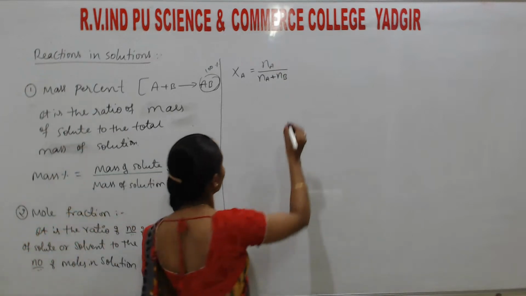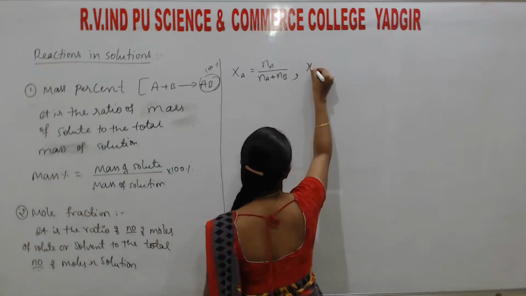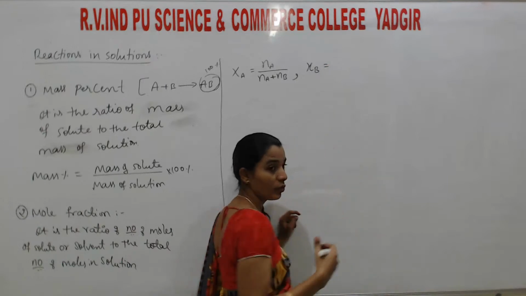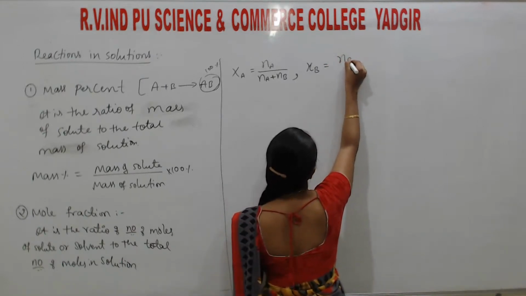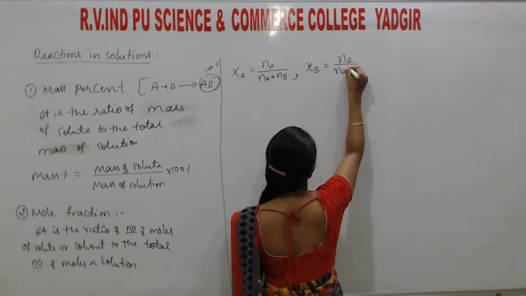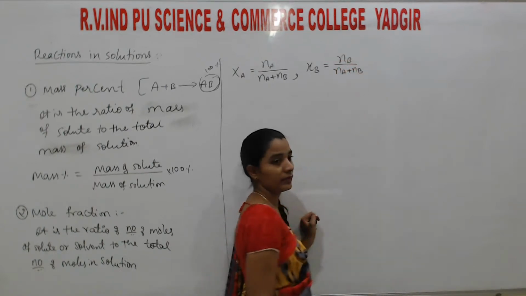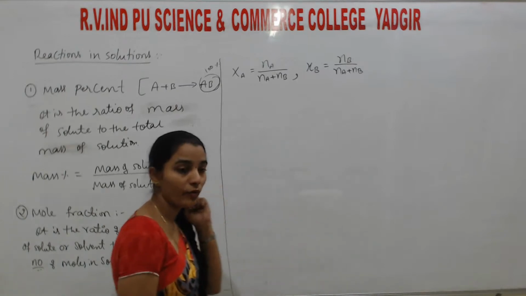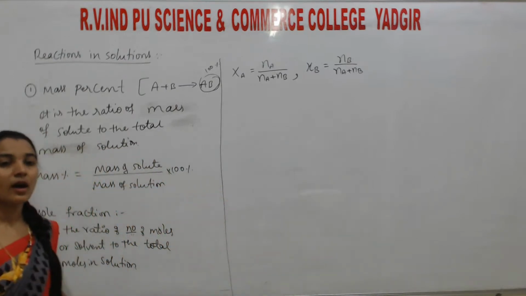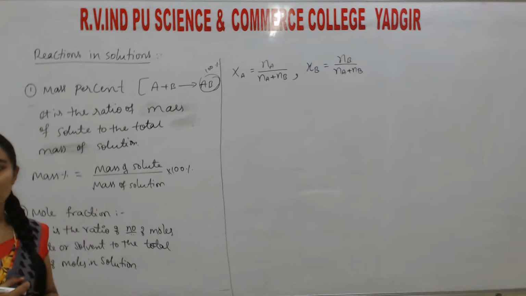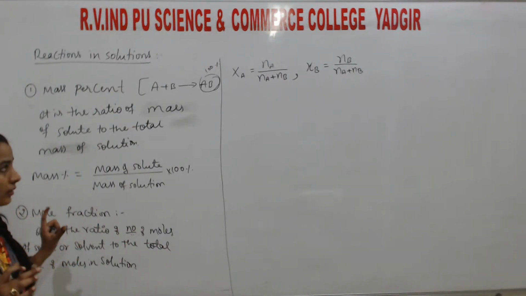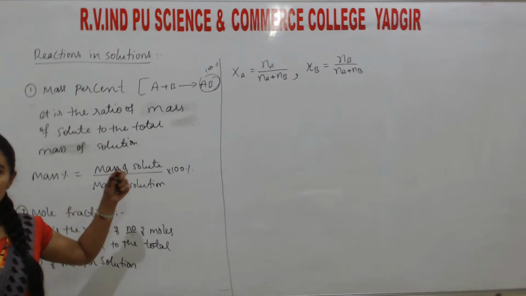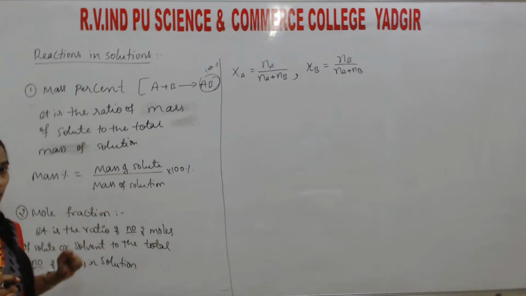Correct? So if you want XB, mole fraction for B, then it is NB divided by NA plus NB. This is mole fraction. Mole fraction is represented by X and number of moles is represented by N. Understand? Just formulas these. Because for 1 mark they ask the definition and the formula.